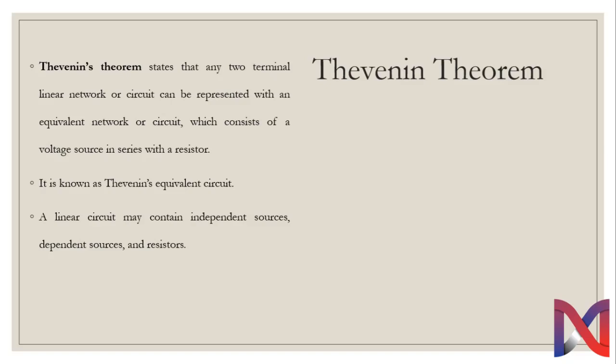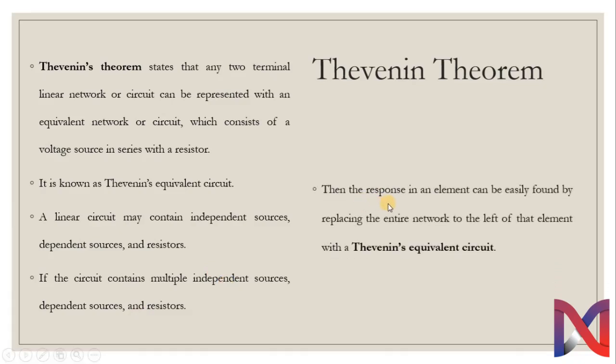A linear circuit may contain independent sources, dependent sources and resistors. If the circuit contains multiple independent sources, dependent sources and resistors, then the response in an element can be easily found by replacing the entire network to the left of the element with the help of the Thevenin equivalent circuit.